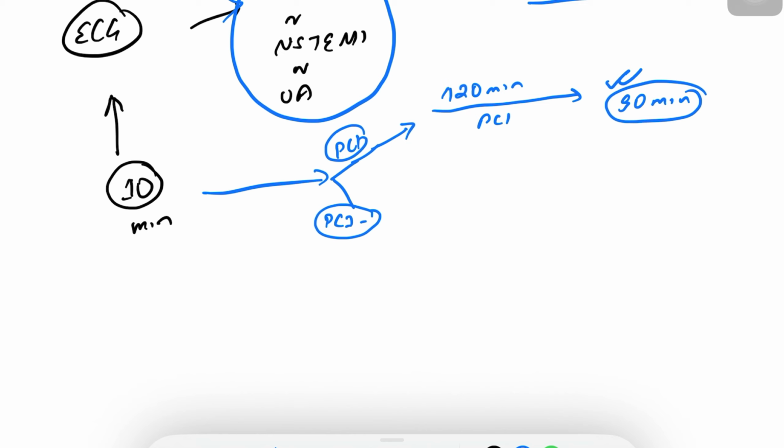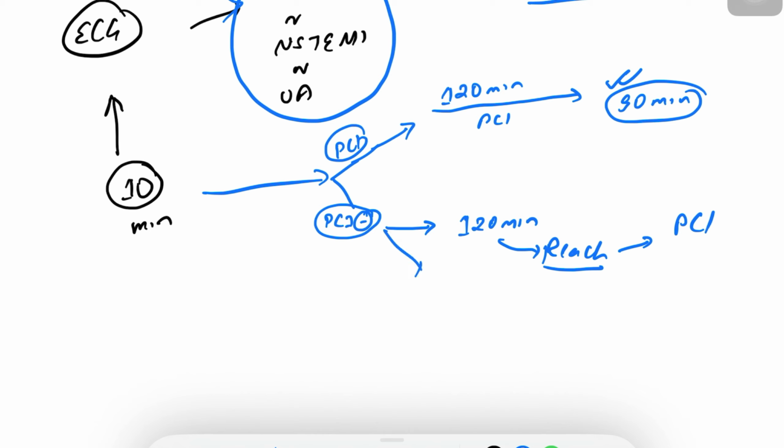But if we are not able to do the PCI within 120 minutes, or our center is not a PCI capable center, then we have to know whether our patient can reach there within 120 minutes or not. If they can reach the PCI capable center within 120 minutes, then we have to send that patient for PCI.